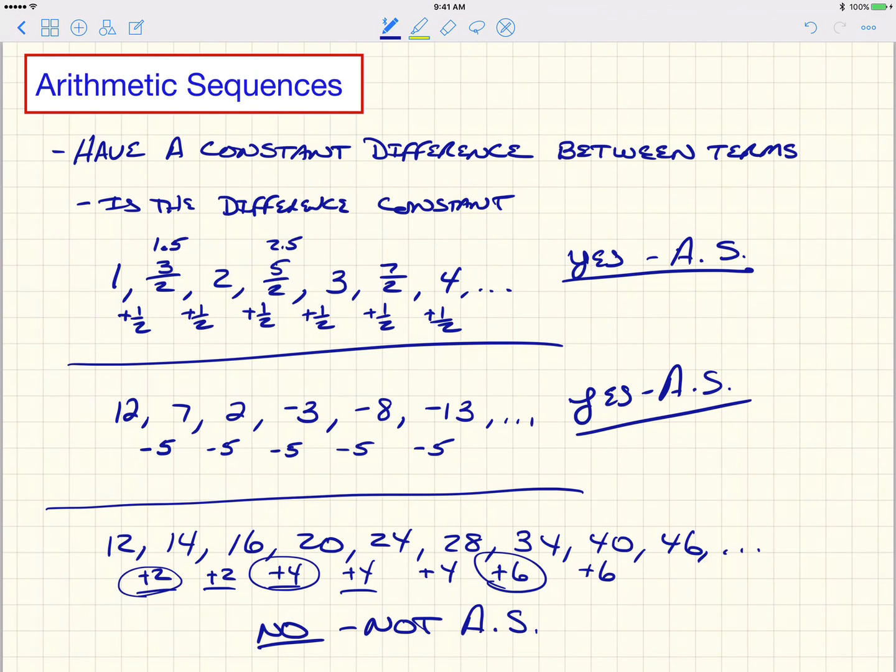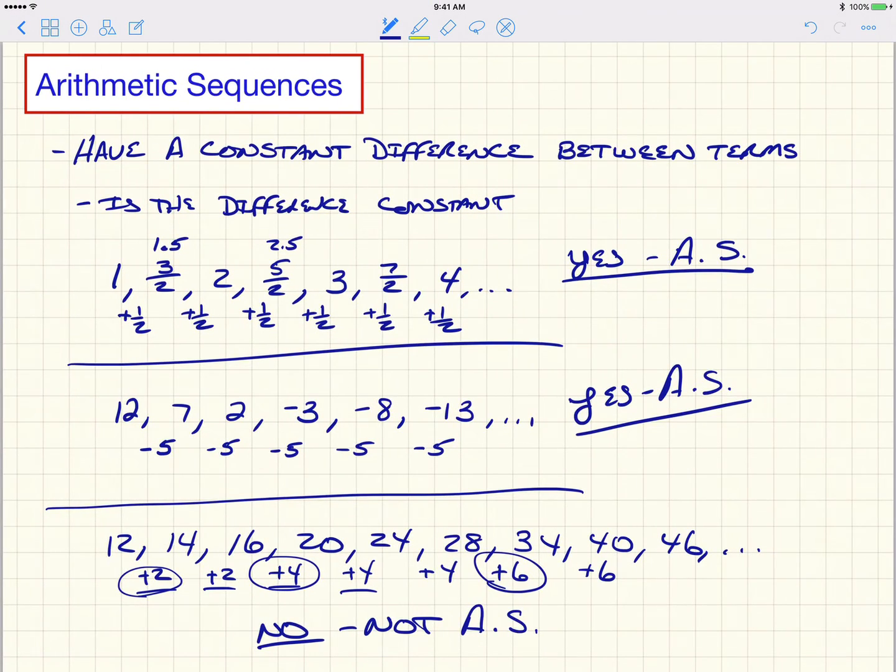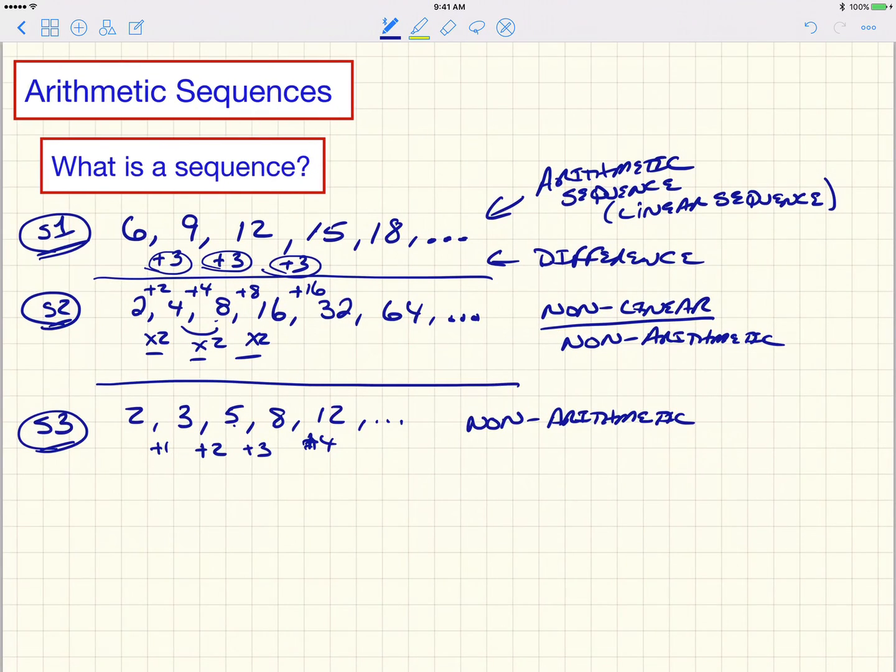At this point, we have seen what a sequence is, and we have taken a look at how arithmetic sequences work and how to identify them.